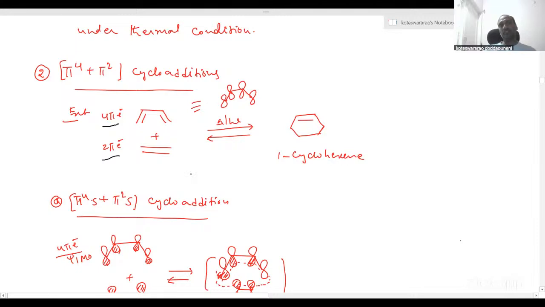But that is a thermal reaction. After discussion of this PMO method on cycloadditions, you need to tell me what the Diels-Alder reaction actually is, because the Diels-Alder reaction is conducted under thermal condition. Where it is allowed under thermal condition, that becomes the Diels-Alder reaction, right?